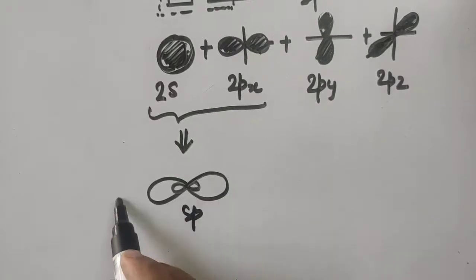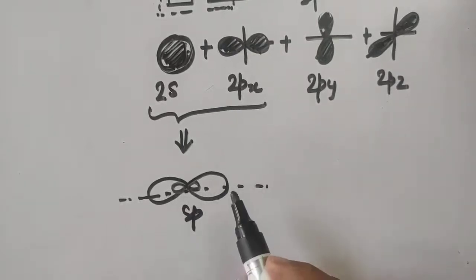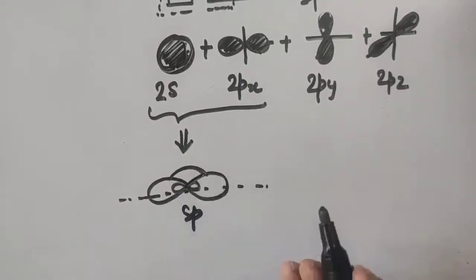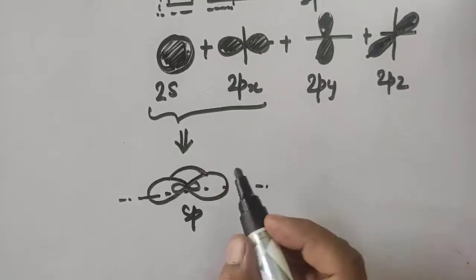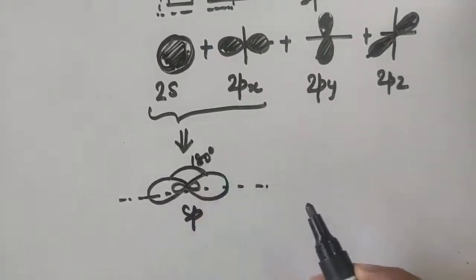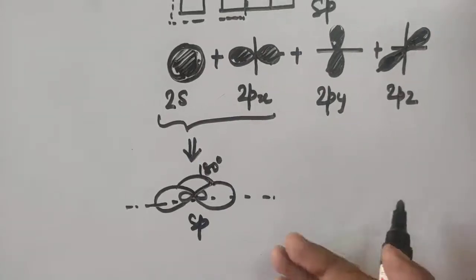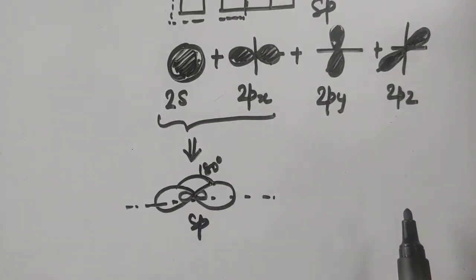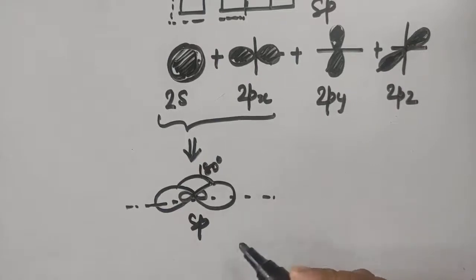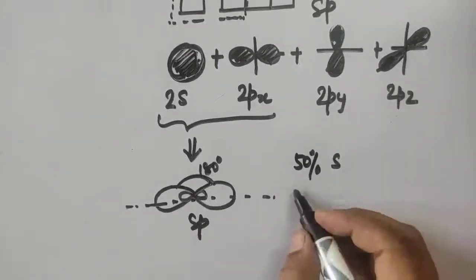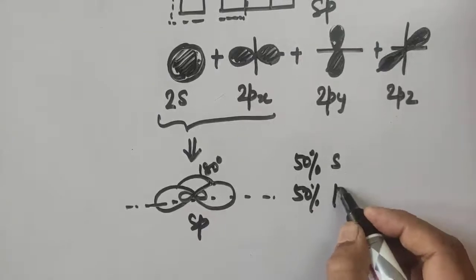This is the internuclear axis and the angle between these two hybrid orbitals will be equal to 180 degrees. They are collinear with the angle of 180 degrees as shown here. Each of the hybrid orbitals thus formed will have 50% s character and 50% p character.